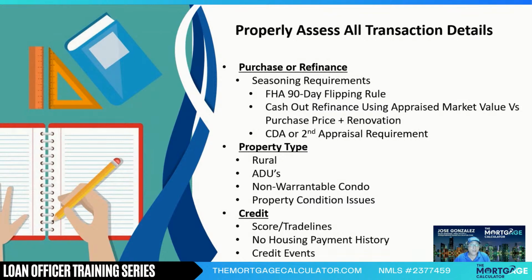But here now, another consideration is when it's a purchase or a refinance, are you going to be required a CDA or a second appraisal? That's for non-QM. That could be a deal breaker. If you got that transferred appraisal already on a deal that you got, and you already checked your AVM, and the AVM works out as your secondary valuation source, you got a good deal right there that you can close.